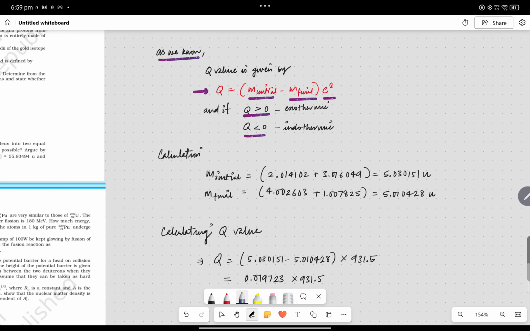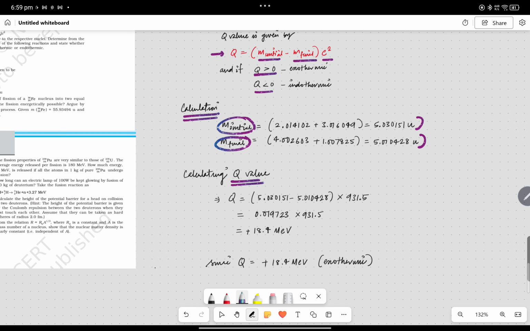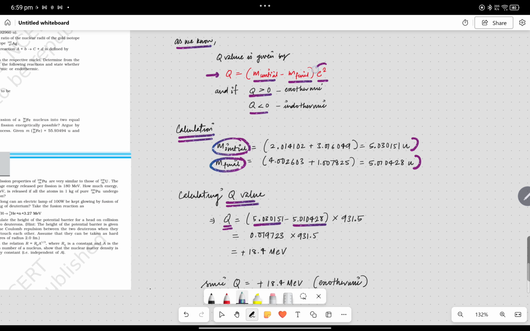Okay, now calculating this value. First of all, we need the mass of initial nuclei and mass of final nuclei, and you have to calculate them separately here. After that, you have to calculate the Q value using this. So you put the sum of mass initial minus sum of mass final into 931.5. One confusion may be there: here we have used C square and here I have written 931.5.